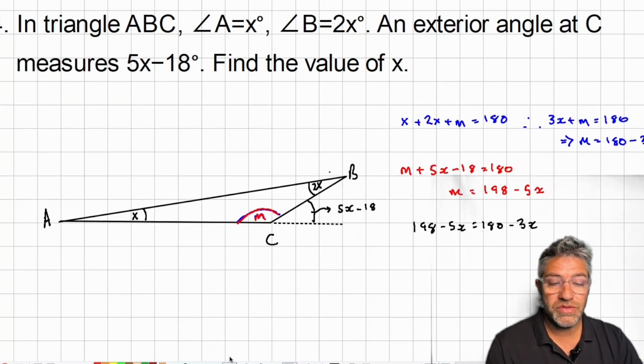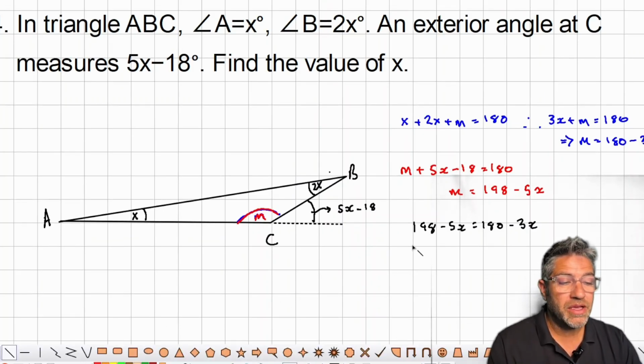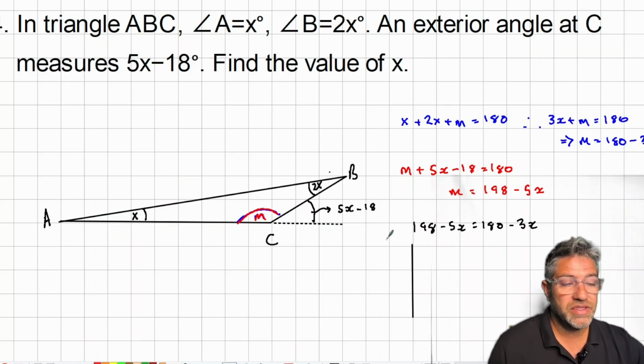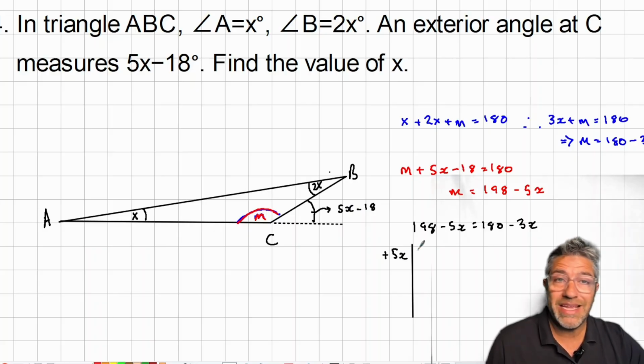Once again, we have formed an equation. Because I've formed an equation, I like my mini margin to add that clarity. The first thing I'm going to do is the inverse of subtract 5x, which is add 5x. You can do these operations in any order. I just like to avoid negatives if I can.